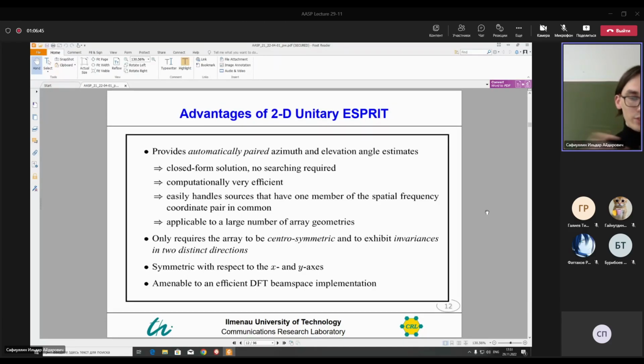So I will give you just some part of the information, and he will give you more detailed information with some implementations where we can use DFT beam space. But let's go step by step. First, let's continue with the slides, and then we will continue with our notebooks.